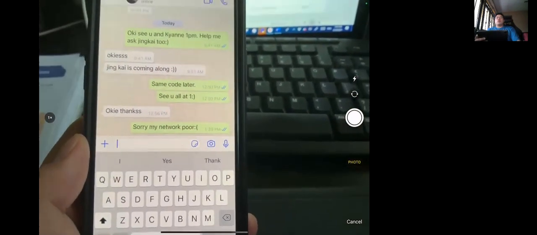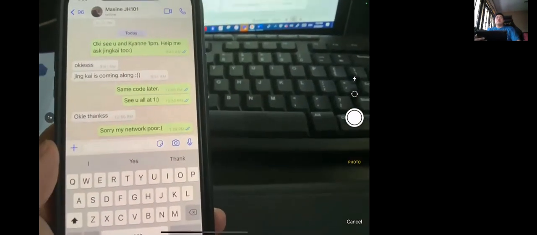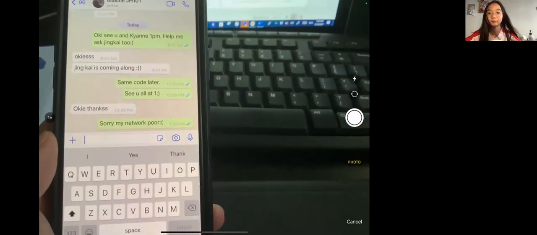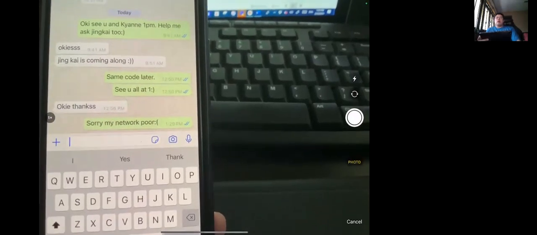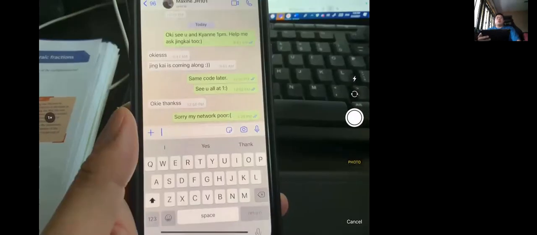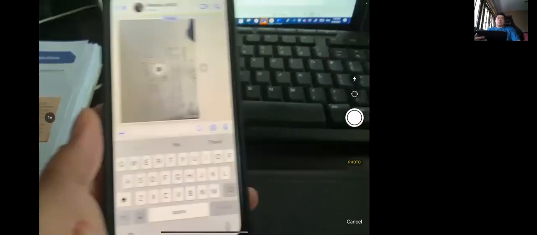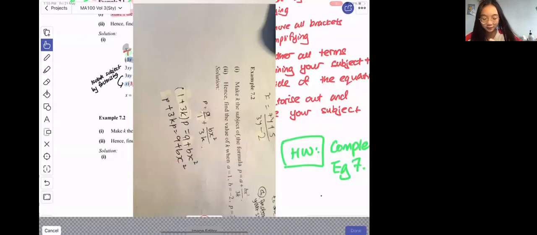Okay, I'm waiting for you to send. Hey, Jingkai never come, eh? I asked him to come. If he comes, he comes. If he don't come, then I'll just see what I can do with him. Maybe ask him to 5 minutes. He said he will come just now when I texted him.